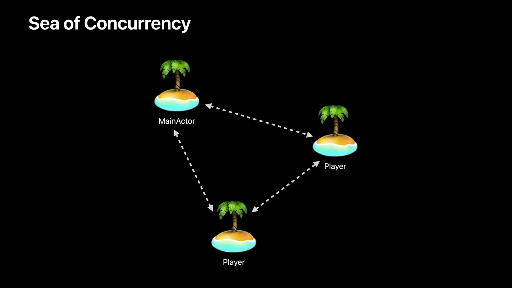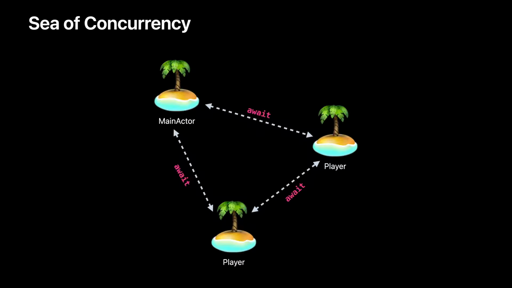Before we jump to the code, let us take a step back and visualize why actors are so well suited for building concurrent and distributed applications. Throughout WWDC sessions, you may hear us use the term sea of concurrency when talking about actors. This is because it's a great mental model to think about them.